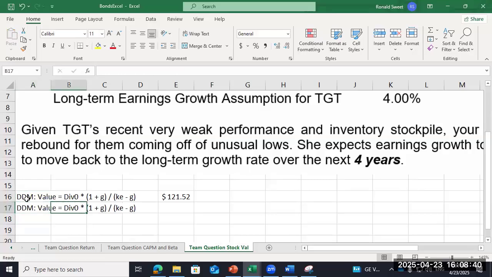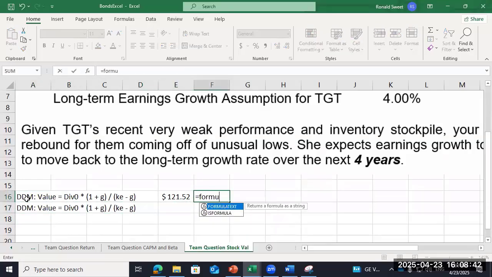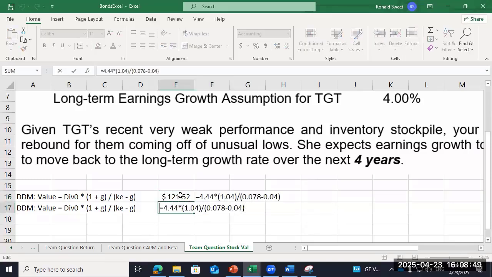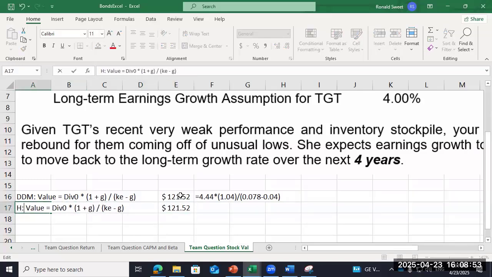And then the H model is the exact same thing, except we have this extra growth period we're going to do.